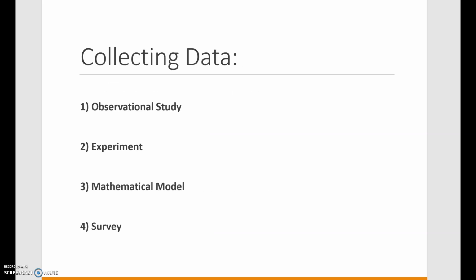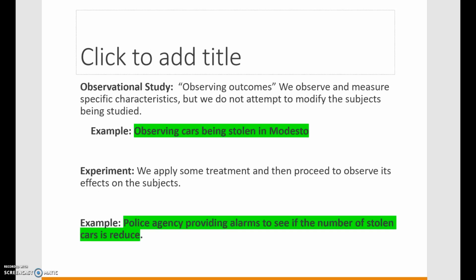Let's take a look at how we collect data and statistics. Throughout the semester we're mainly going to be talking about observational studies, experiments, mathematical models, and surveys. For the data in chapter 2 and on, you technically assume that the data is being collected by one of those. In an observational study, the researcher plainly just waits for events to happen.